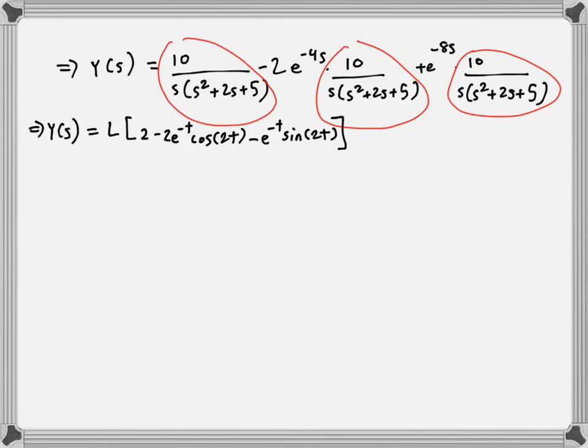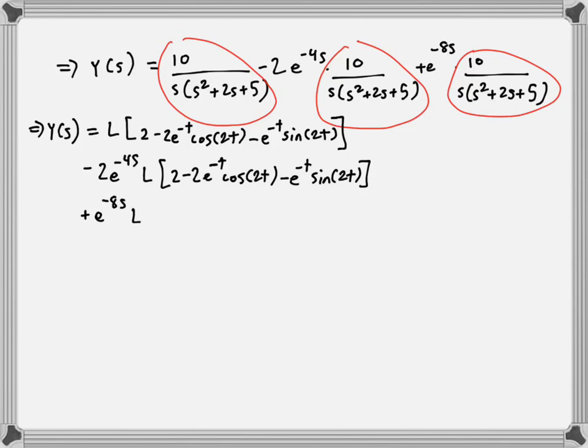That's the first one. And then we have minus 2e to the negative 4s times the Laplace of all that stuff again. And then plus e to the negative 8s times the Laplace of that same stuff again.